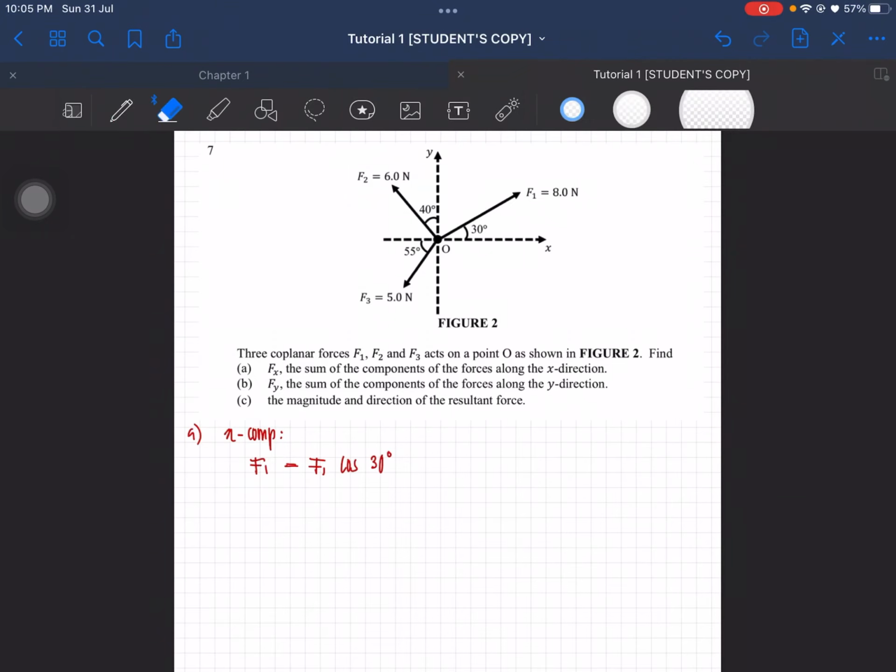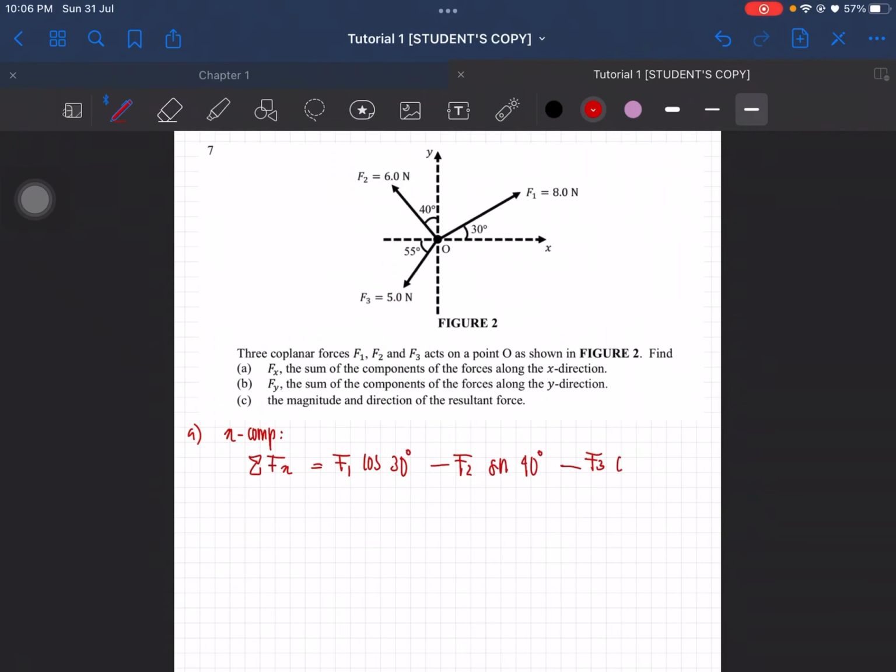Sorry, let me just redo that. The total force at the x component is equal to F1 cos 30 degree minus F2 sine 40 degree, and for force 3 it is minus F3 cos 55 degree.